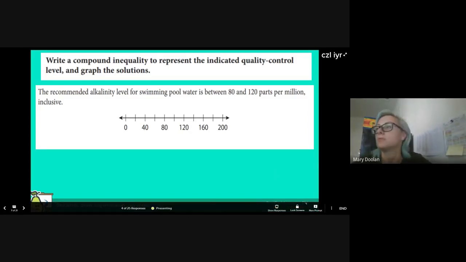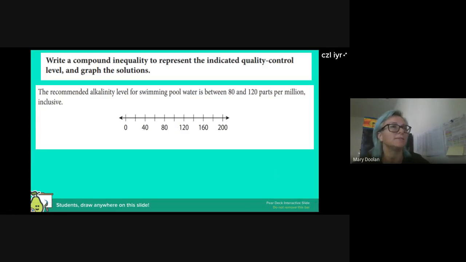You do want to put something on that number line to represent the situation.